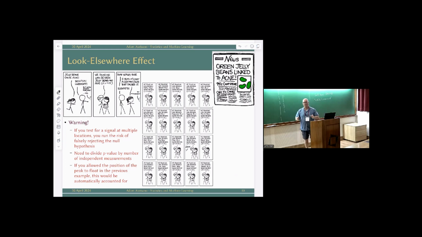It all winds up being very complicated and people argue about precisely how much look elsewhere effect there is. But roughly speaking, you need to basically, I guess actually multiply by the number of independent measurements, right?